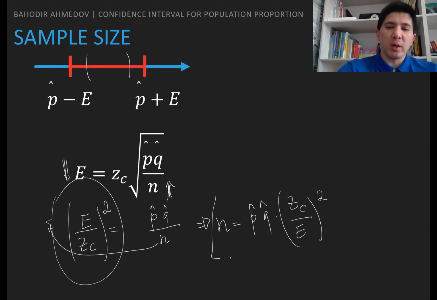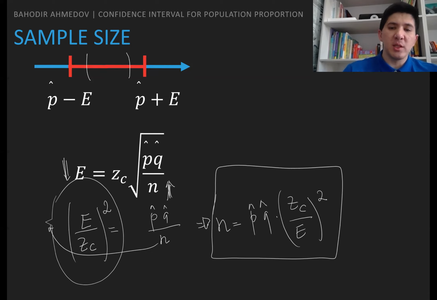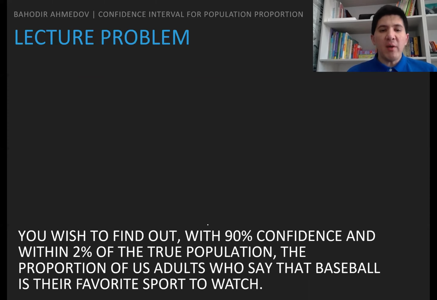So this is the formula which we are going to use in order to calculate the sample size if you are given, for example, the error margin. For example, I would like to find out, with 90% confidence and within 2% of the true population proportion, the US adults who say that baseball is their favorite sport to watch.